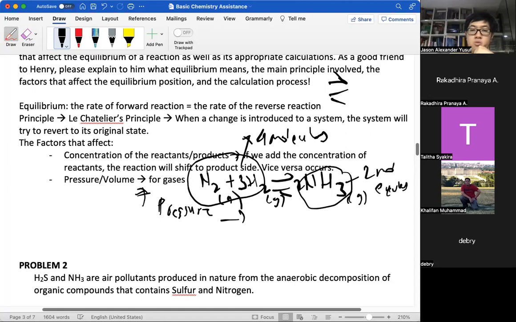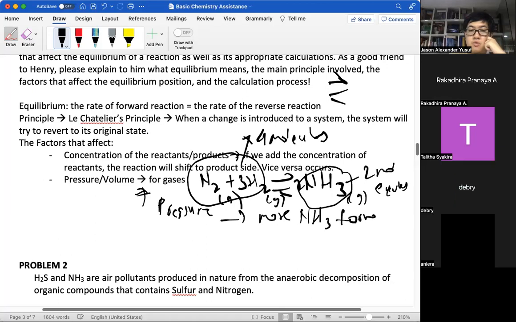So since this is the side with fewer molecules, for this equation, if we increase the pressure, this will shift to the product side, which means more NH3 formed. And as I said before, this is on a case-by-case basis. So just try and analyze the system by identifying which side has the greatest number of moles. Then you can analyze the changes in pressure.